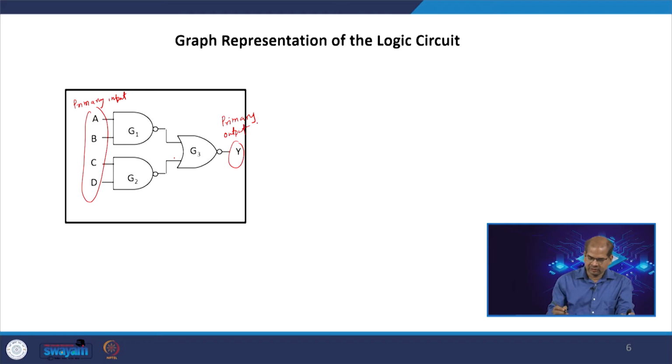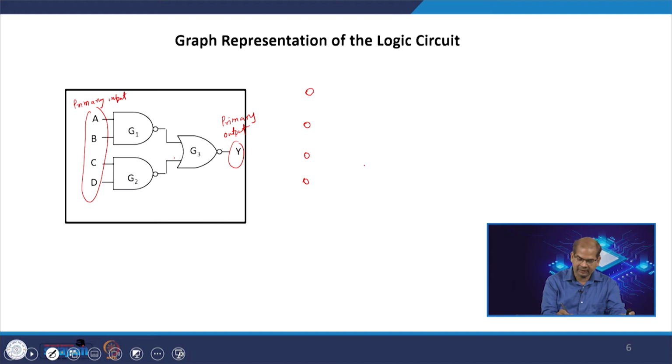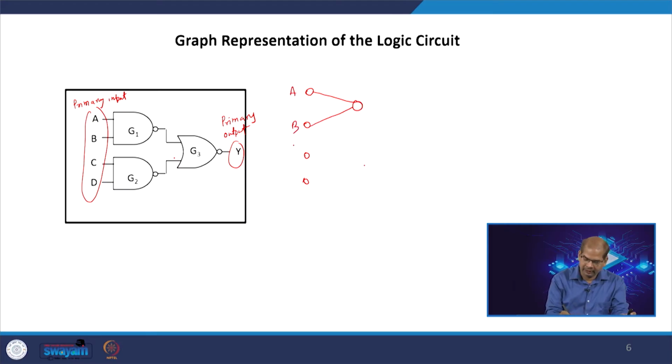All the primary inputs and primary outputs are represented by a vertex. I have 4 primary inputs, 4 vertices, and there are edges between A and B. So, A, B, C, D, and this is your G1.